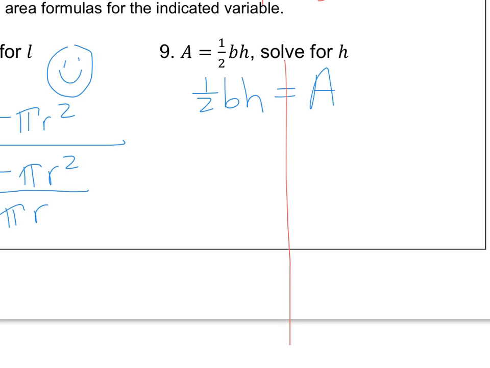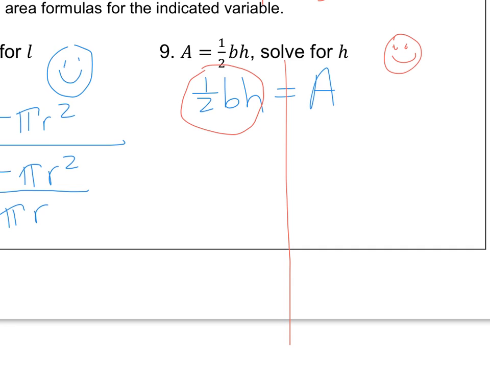There's nothing to distribute or combine. We're solving for the h, so I'm going to circle it. It's already on the left. I'm going to start my smiley face. It's already positive, so I'm done there. Move, move, move. If I cover up that 1/2 BH, there's nothing left over there, so there's nothing to move. So I'm already at the divide, divide, divide.